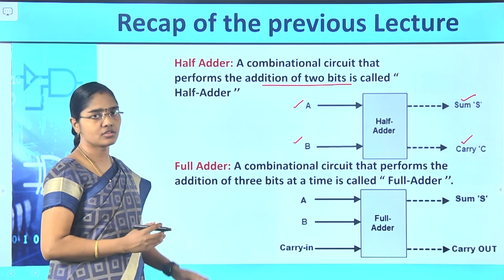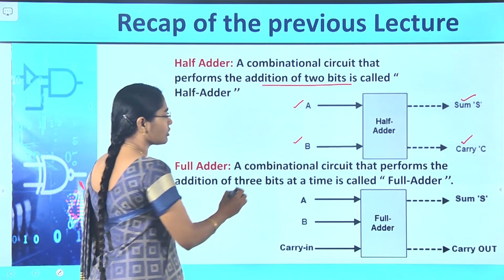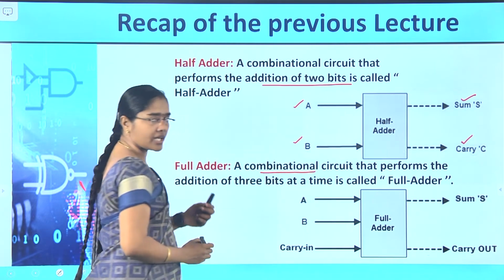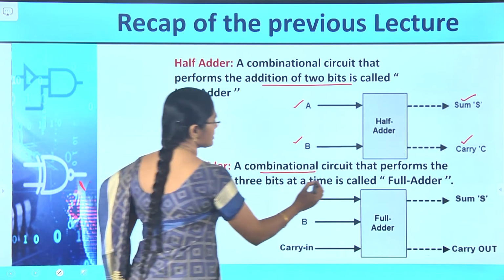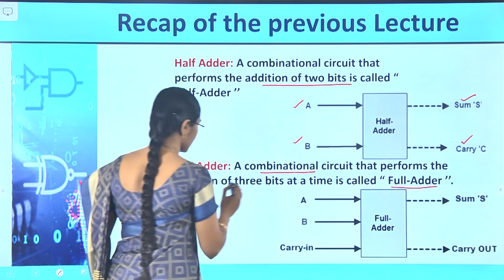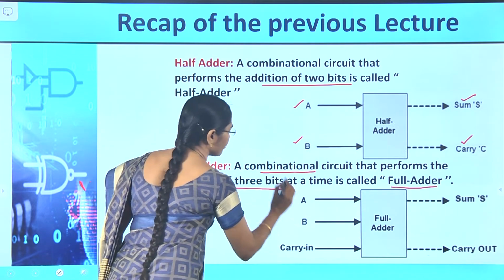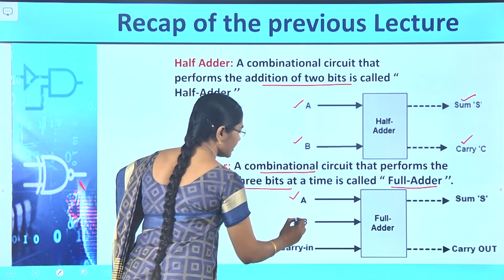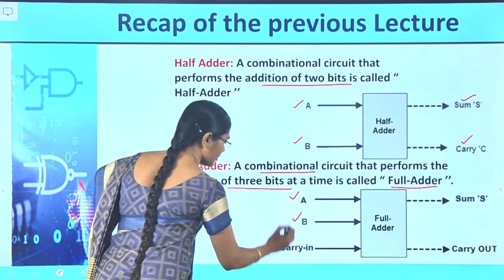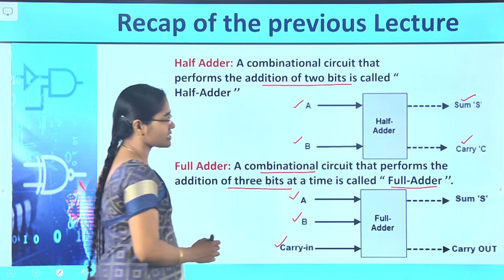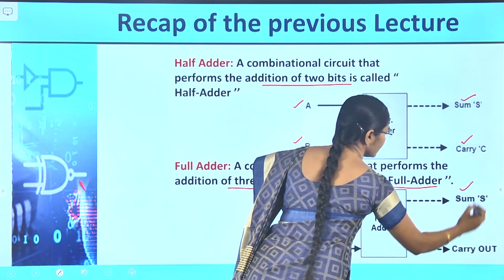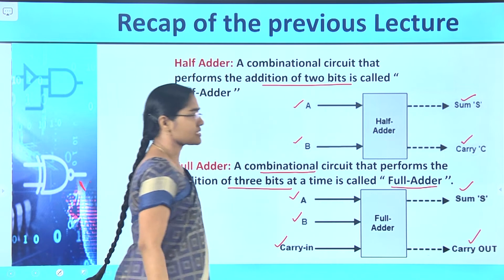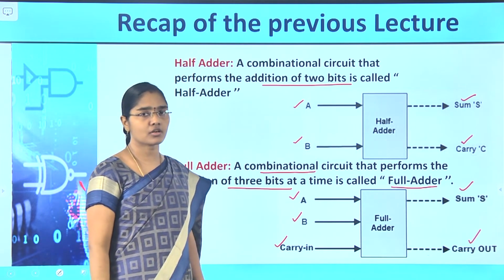So therefore, to add 3 bits, that is 2 actual numbers along with the previous carry, a full adder is used. A full adder is also a combinational circuit which adds 3 bits at a time, that is addend, augend and previous carry. Carry in is the previous carry, and it produces again 2 outputs, one is sum and another one is carry out.